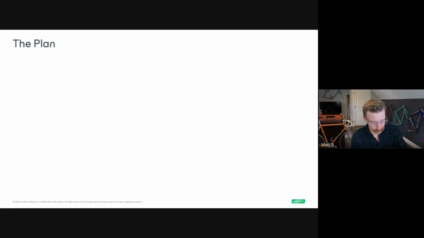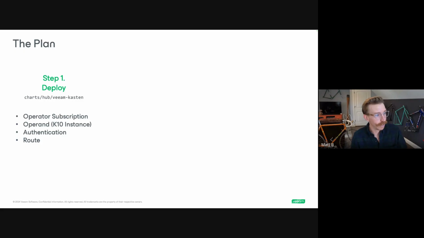So I'm going to jump into VS Code and a demo environment here, but just because all of this is probably going to blur together for folks at a high level, these were the different areas that I added to the existing pattern. First was to handle the deployment of Kasten by adding an additional operator subscription.